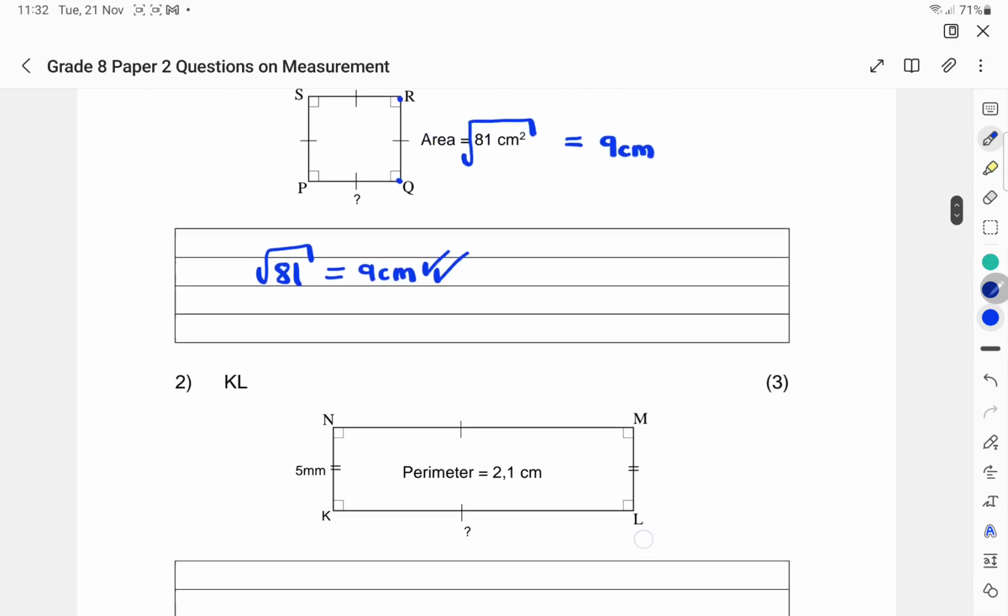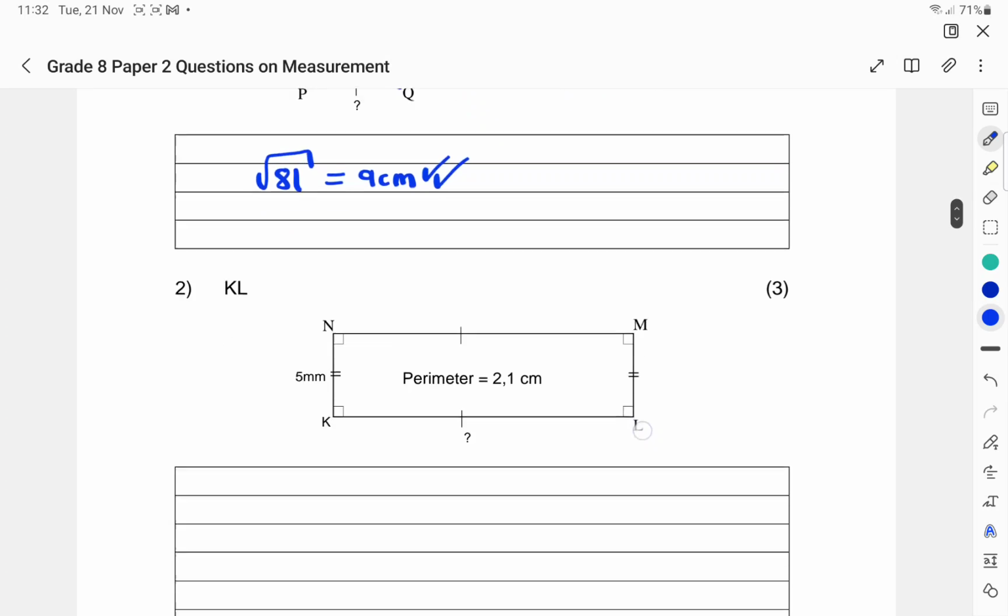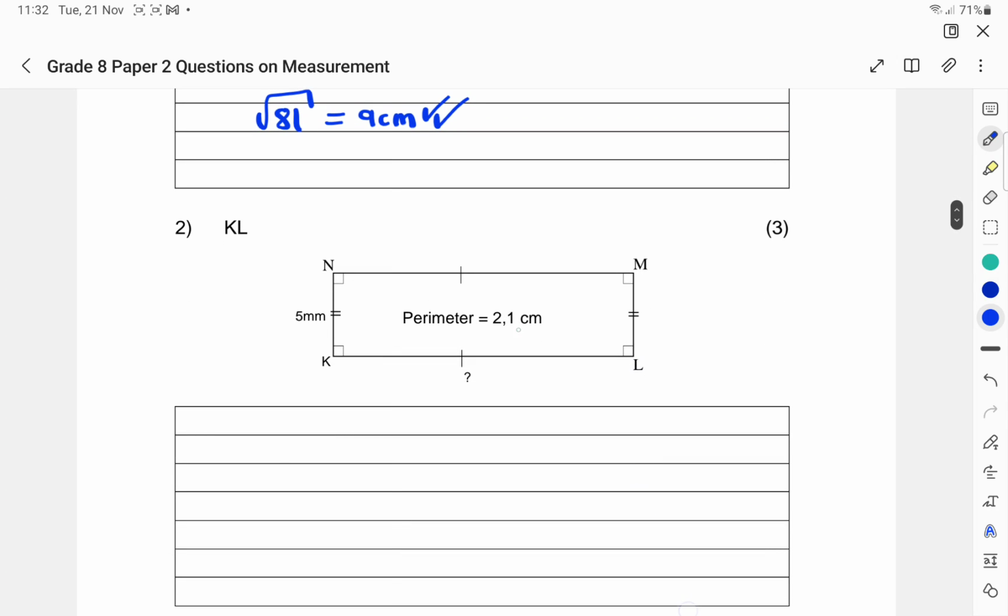Okay, now very, very important. That was all centimeters. Now, they try to fool us by giving us millimeters and centimeters. So they didn't specify, so you could have gone either way. But if you look here, I can see that that is in millimeters. So they're looking for KL.